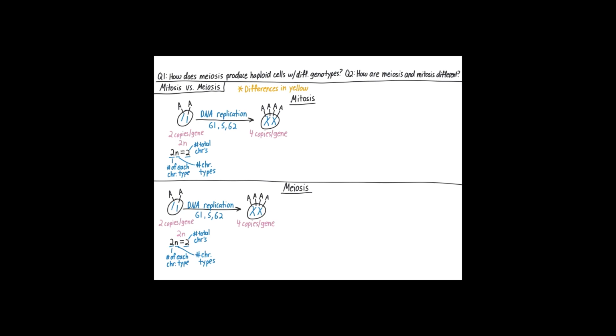But these cells are still technically considered diploid, or 2N, since they have 2 of each chromosome. Here's one chromosome, and here is the second. Note that at this point, each chromosome has 2 DNA molecules, or chromatids.